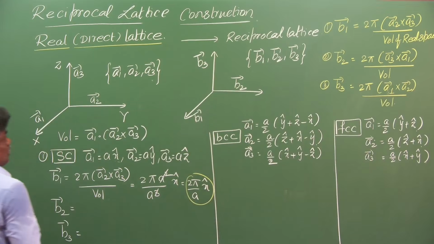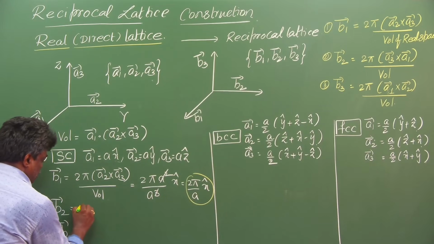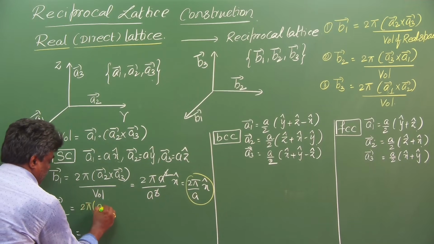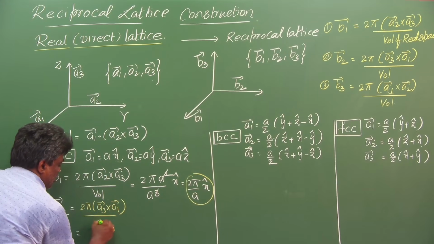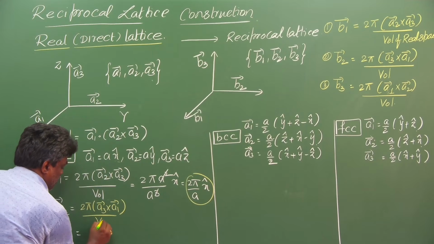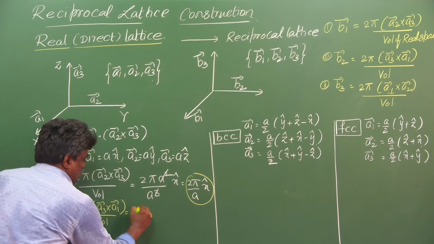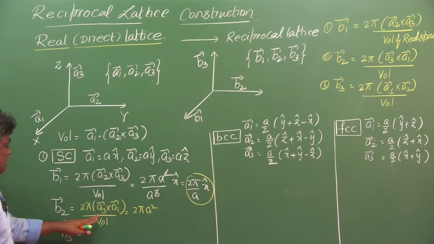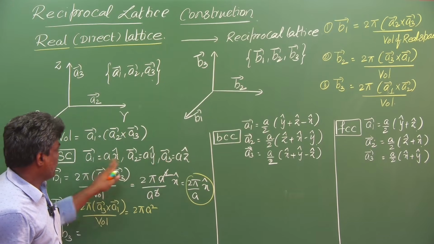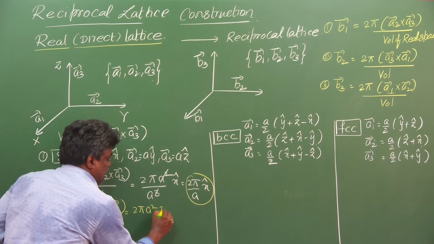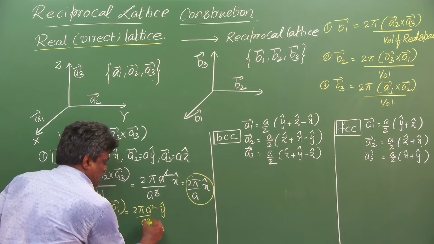I hope if you do this also, B2 is 2 pi A3 cross A1 by the volume, which is A cube. Still anyone not understanding? Simply the cross product A3 cross A1, Z cap cross X cap, is Y cap, by A cube.